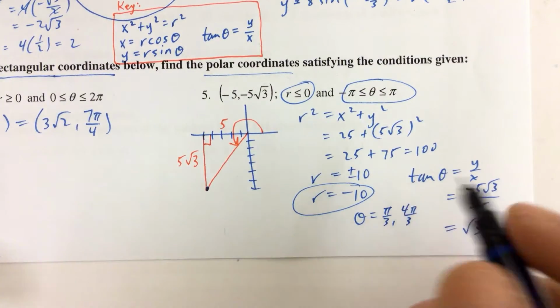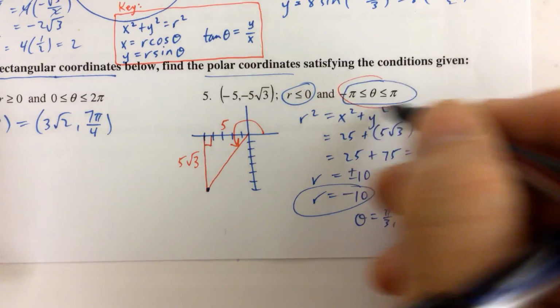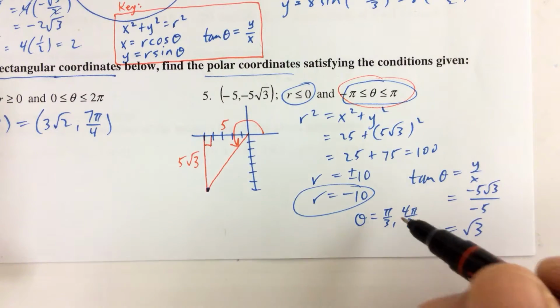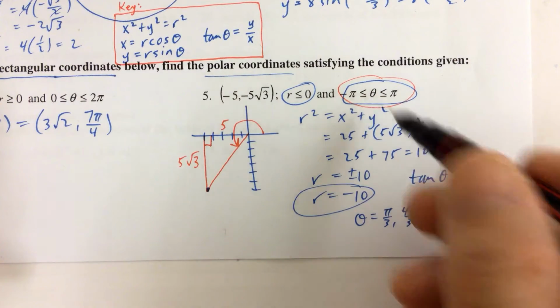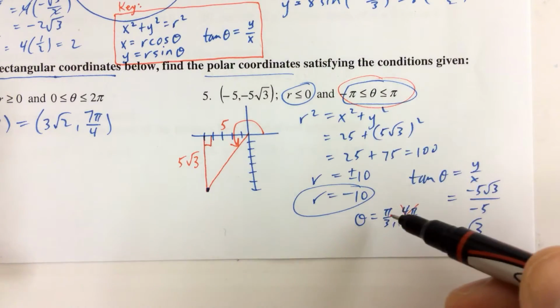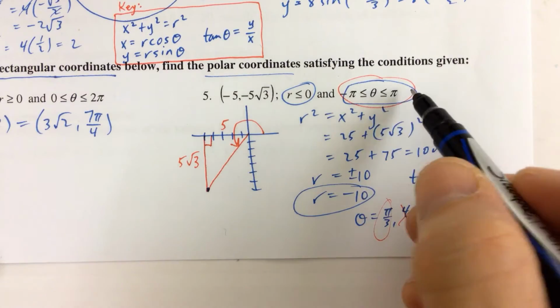So we have to make sure that whichever angle we select meets the condition that we were given. And if we're looking here, we notice that 4 pi over 3 is greater than pi, but pi over 3 happens to be in this interval.